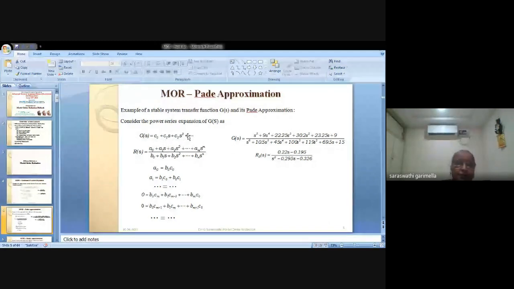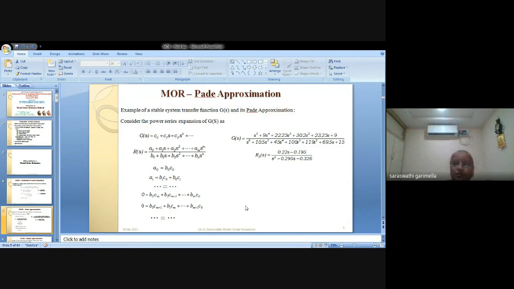And you assume a transfer function like this, and those coefficients b naught and a naught are found from this ratio, because I told you that a0 by b0 is always constant for original as well as reduced. So by knowing C0 is nothing but a0 by b0, from that you will get the denominator polynomial and numerator polynomial.